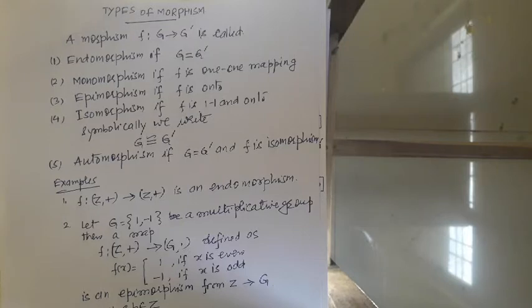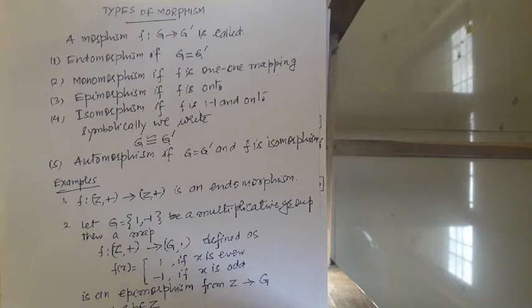Fourth, this function is said to be an isomorphism if f is 1-1 as well as onto, or you can say it is a bijective map. Then symbolically we write G is isomorphic to G dash.